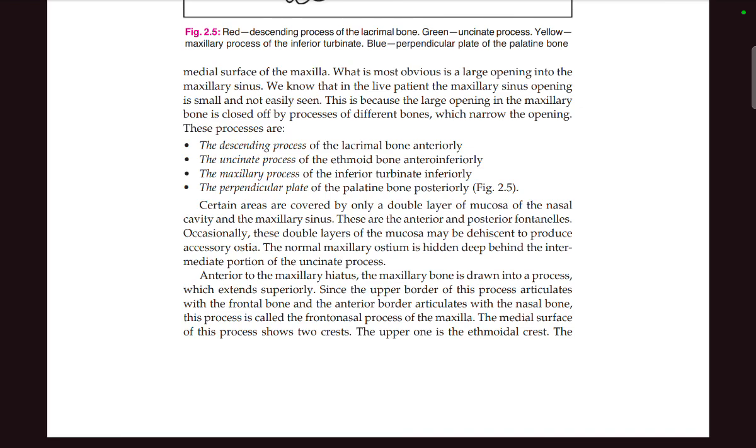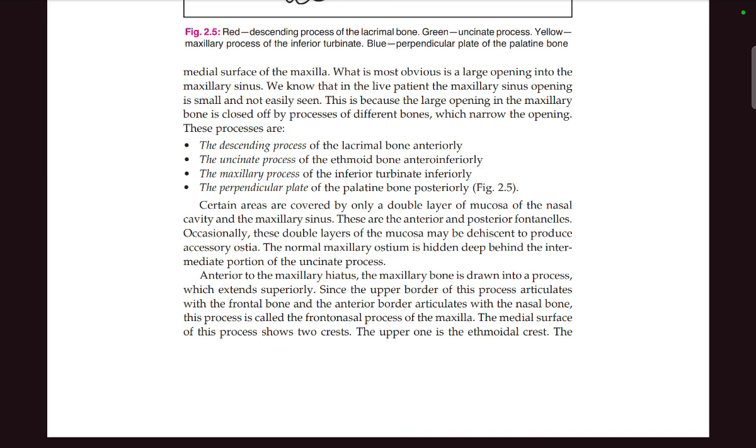Certain areas are covered only by a double layer of mucosa of the nasal cavity and the maxillary sinus. These are the anterior and posterior fontanelles. Occasionally, these double layers of mucosa may be dehiscent to produce accessory ostia.